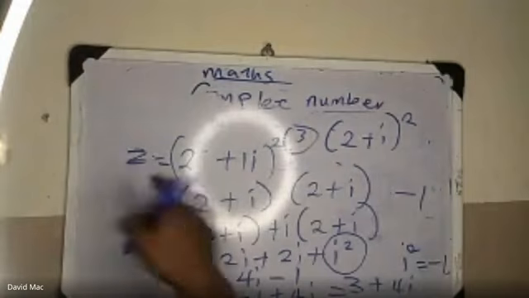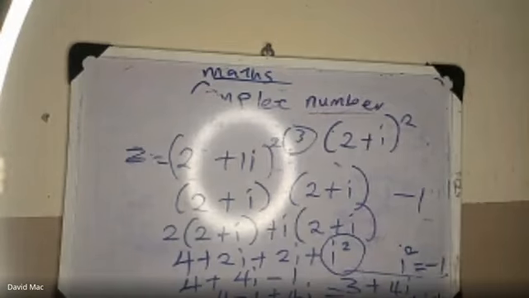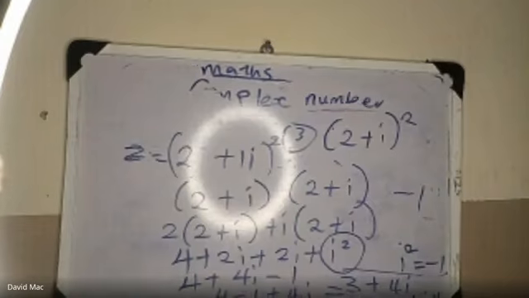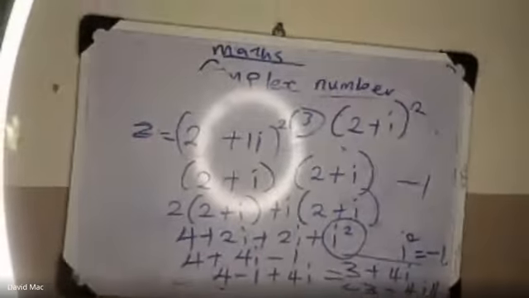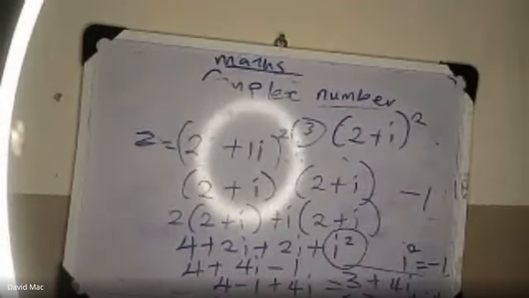Now, when you find the conjugate of z, when you add a bar on top, the conjugate will be 3 minus 4i. This is your conjugate. Z is 3 plus 4i when you open that bracket, and when you find the conjugate, it will be 3 minus 4i.